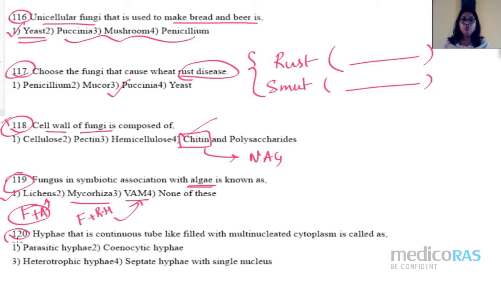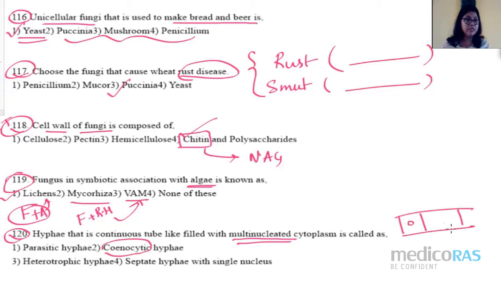Now come to question number 120. They are asking about hyphae that are continuous tube-like filaments with multinucleated cytoplasm. If you have the term multinucleated, it means what? Coenocytic. Please remember, though it is written as coenocytic, it is pronounced like senocytic. Coenocytic means multinucleated. Suppose this is one cell and this is one cell.